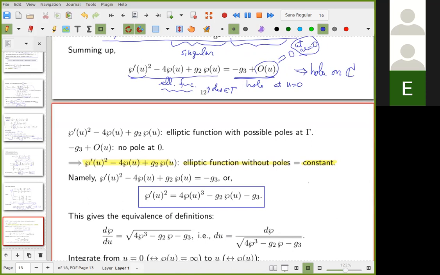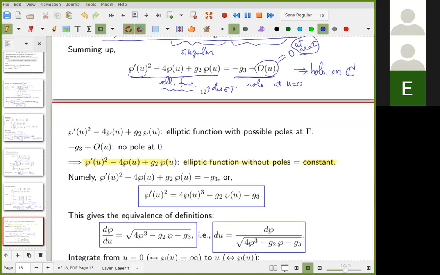What is this? Well, in other expression, roughly speaking, it gives such an expression.